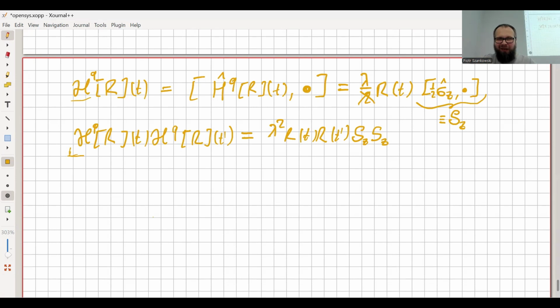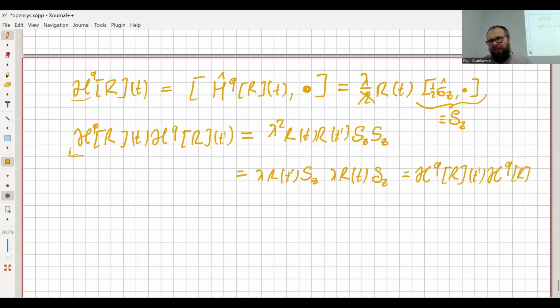But I can just rearrange it again: lambda R(t prime) S_Z, lambda R(t) S_Z, which is H^q(R, t prime), H^q(R, t).